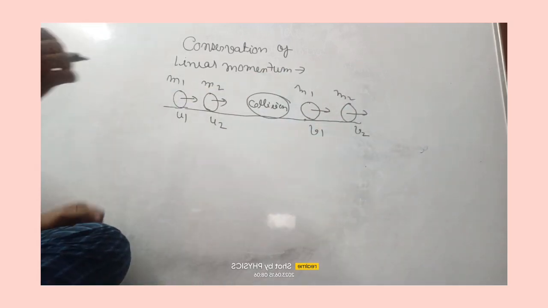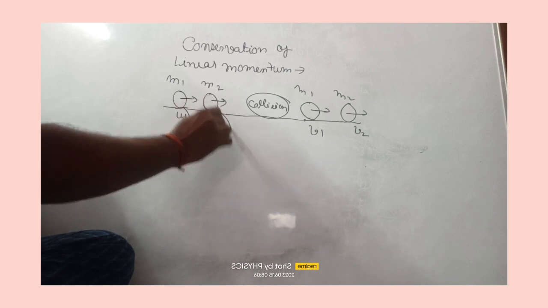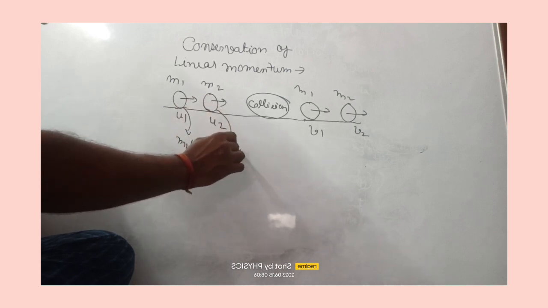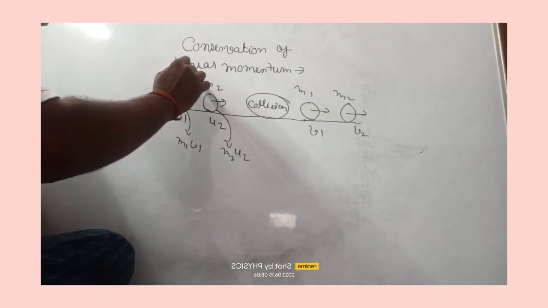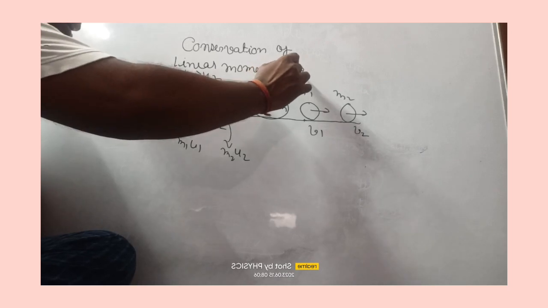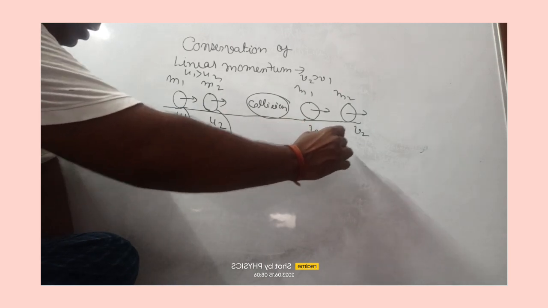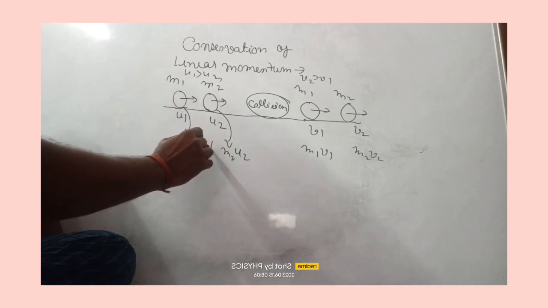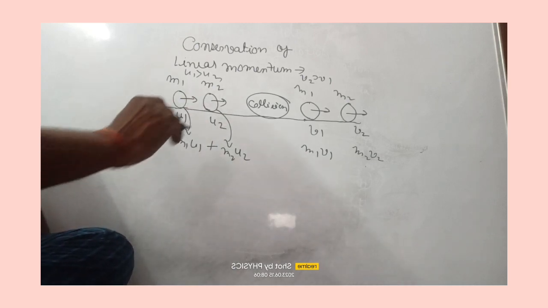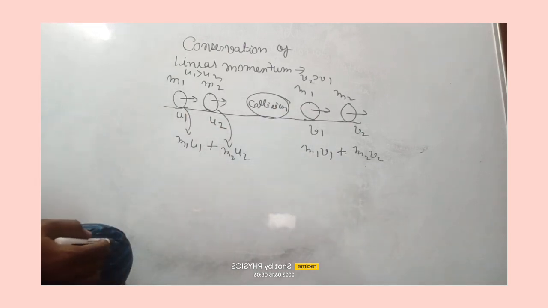The linear momentum of the first object is m1 u1, for the second m2 u2. Now here u1 is greater than u2, so the collision has happened, and here v2 is greater than v1. Before the collision, the total linear momentum in a definite direction, and after the collision, the total linear momentum is m1 v1 plus m2 v2.